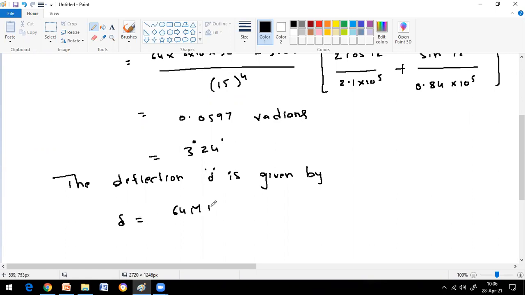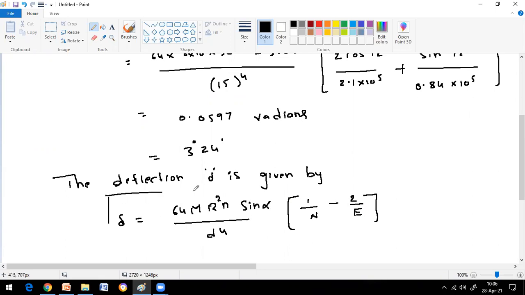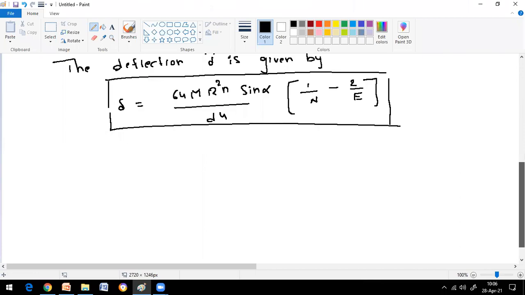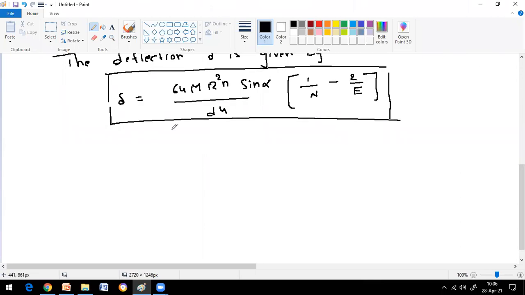64 m/r squared n sin alpha by d power 4 of 1 by n minus 2 by e. So this is the deflection formula based on the moment. Please note this and calculate the deflection based on the moment.